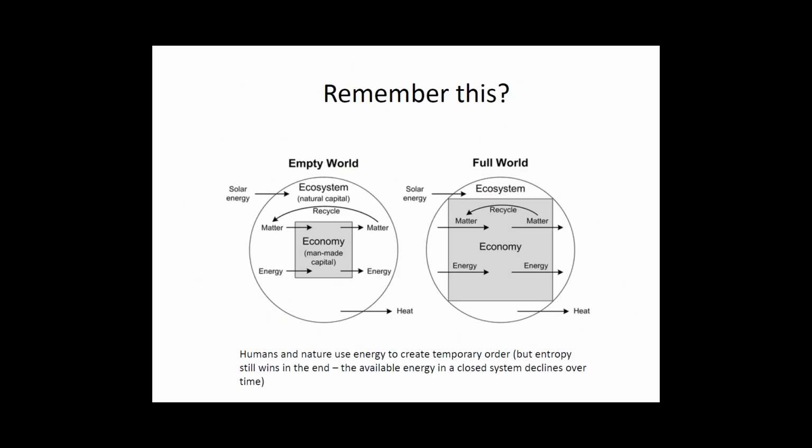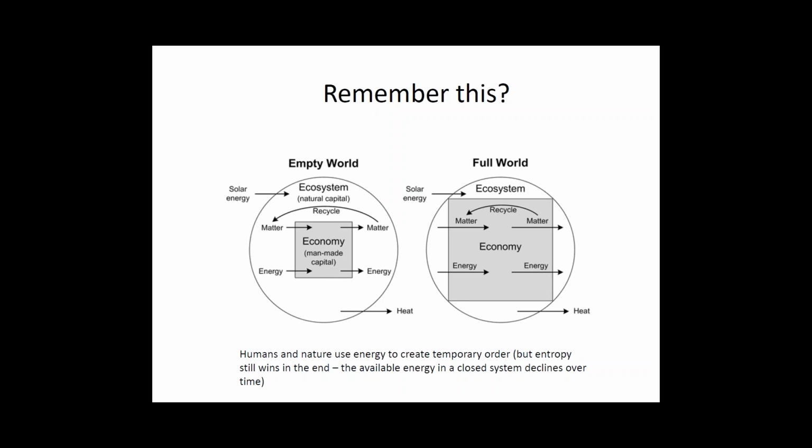And so I think we talked a little bit in the introductory class about different models of the world. We talked about what we call an empty world, where the economy is a relatively small piece of the overall picture of what the world looks like. And then we also talked about what we call a full world, where the economy takes up a large share, or almost the entire share, of the environment, so that it essentially subsumes the entire ecosystem within it.